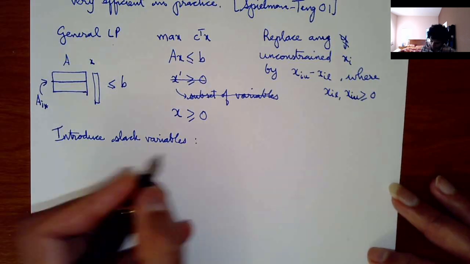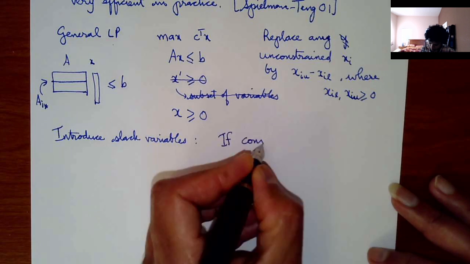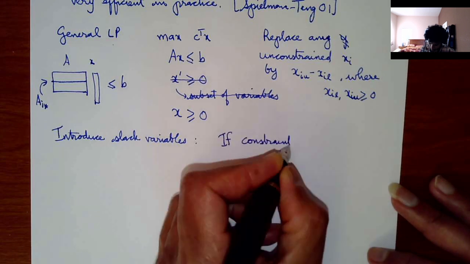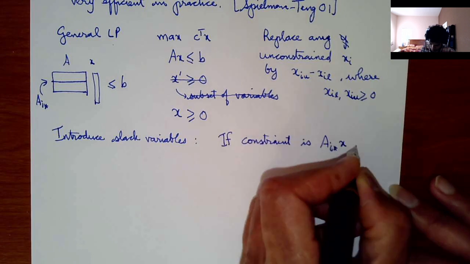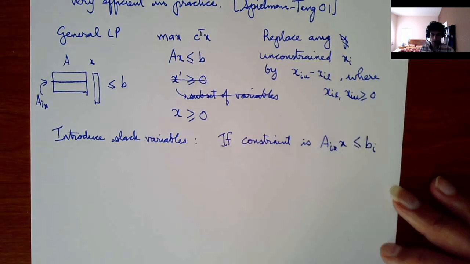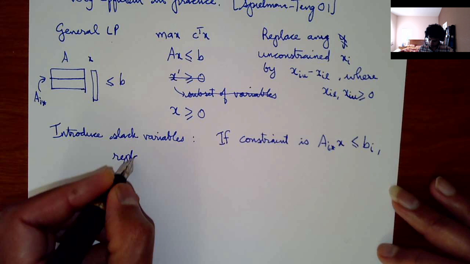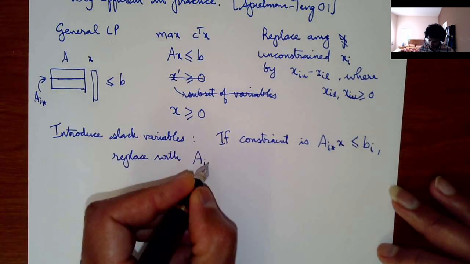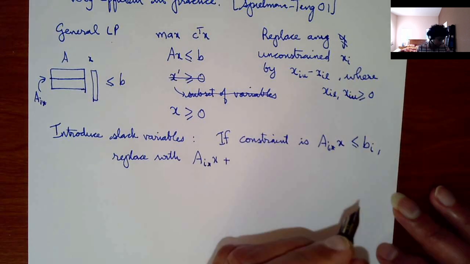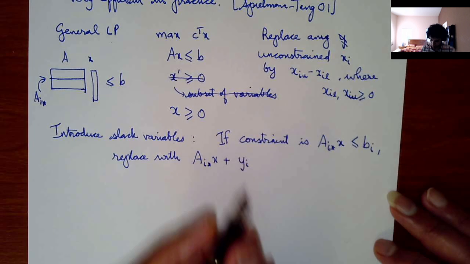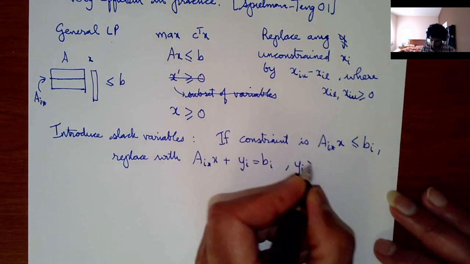So what you do is, if the constraint is A_i star x less than or equal to b_i, then replace it with A_i star x plus a slack variable that I will refer to as y_i equal to b_i, and make y_i non-negative.